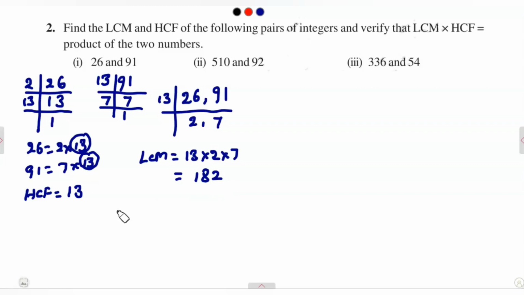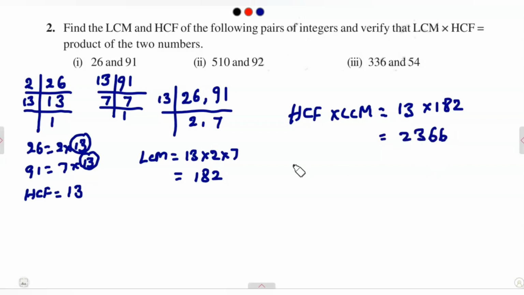Now let us take the product of HCF and LCM. So let us find HCF into LCM. 13 times 182, if you do in your calculation, you will get 2366. And let's also find the product of the numbers and check whether it is the same as this or not.